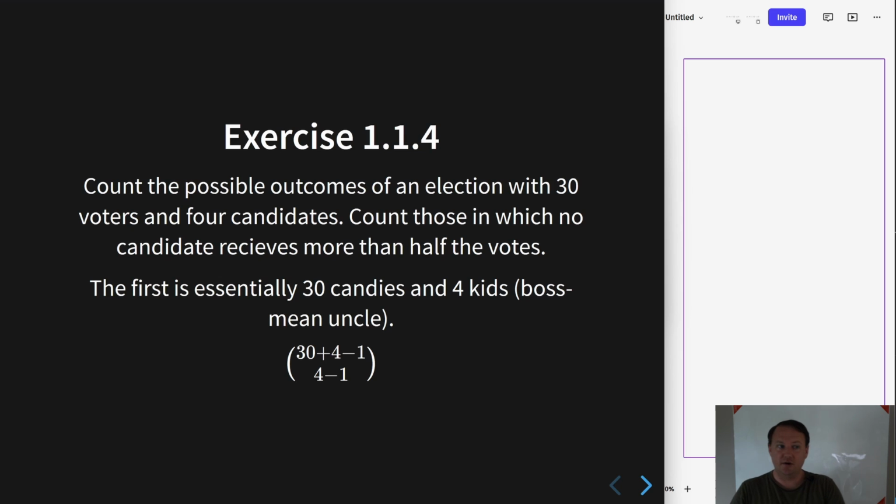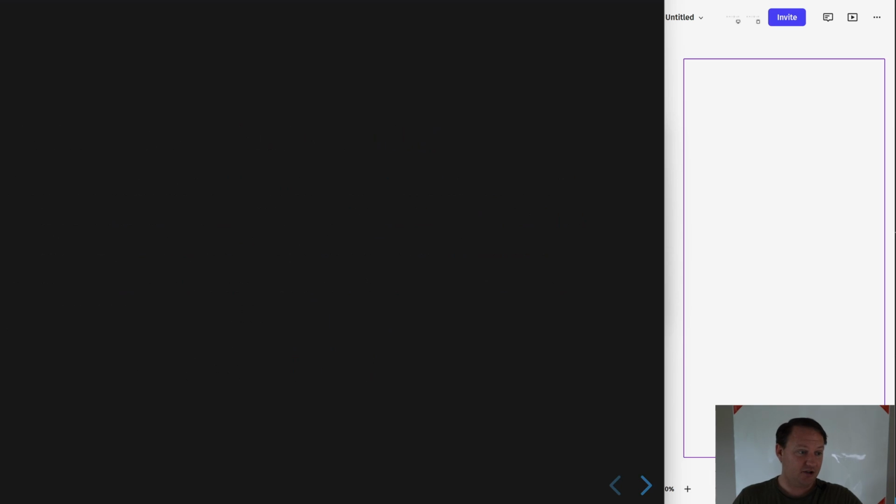We're using the stars and bars formula where a particular bin could receive 0, because that seems to match this situation. Then we choose the number of bars, which again is 4 minus 1. So that's the solution to the first part. Now, the second part asks us to count those in which no candidate receives more than half the votes. I found this substantially tricky.